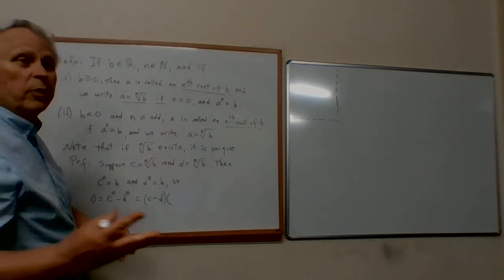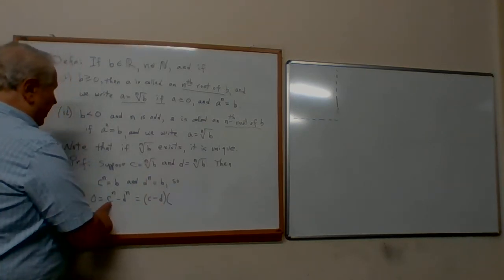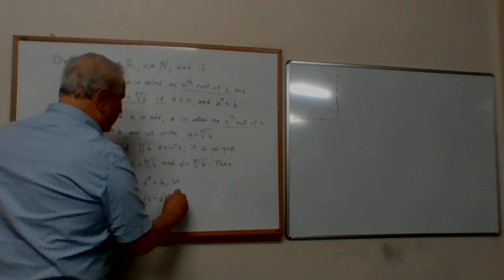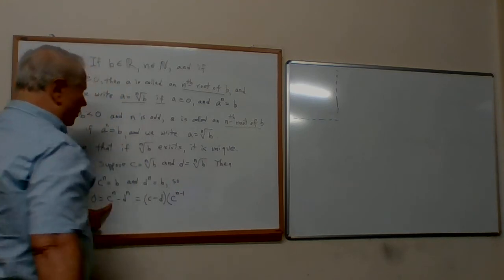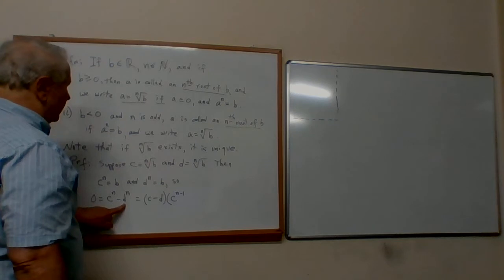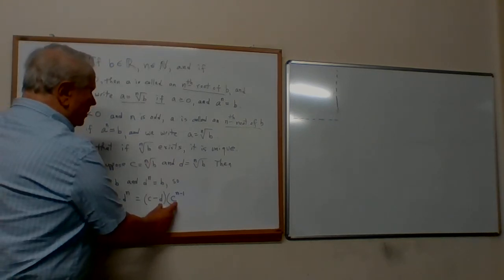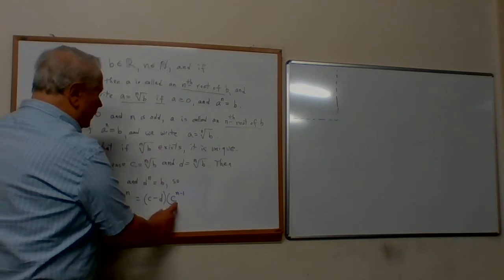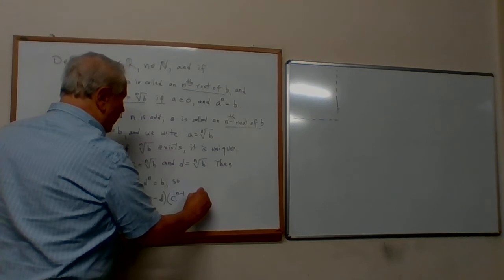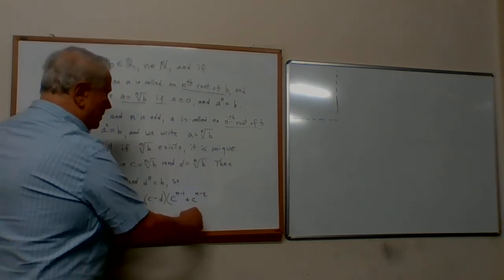See how I didn't end that with a preposition? If I pull out a c minus d, then in order to get this c to the n, I'm going to need a c to the n minus 1 in the other factor. But now I'm stuck with a minus c to the n minus 1 times d, so I'm going to need a plus c to the n minus 1 times d.